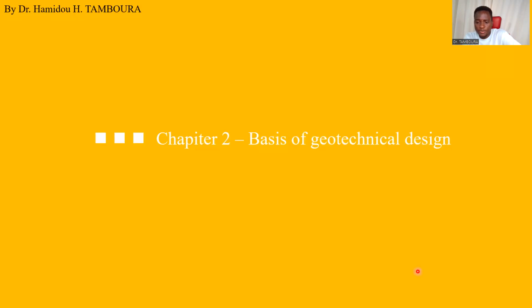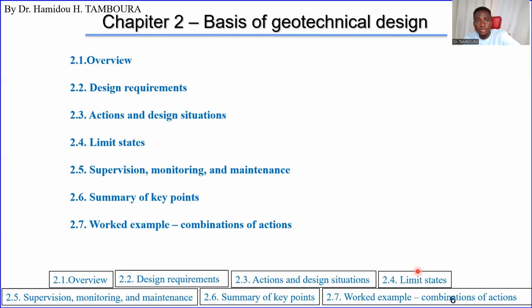Okay, now chapter number 2, basic of geotechnical design. In this chapter, we will talk about this point. The first section, it is the overview. This one we will talk about in this video, and next in the following videos we will try to talk about this part.